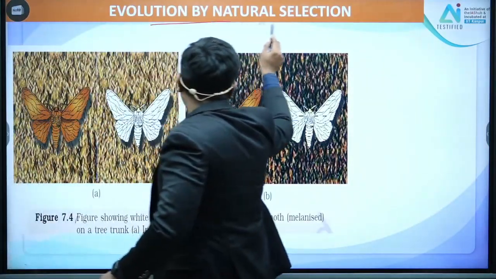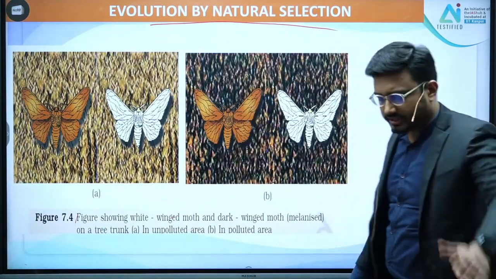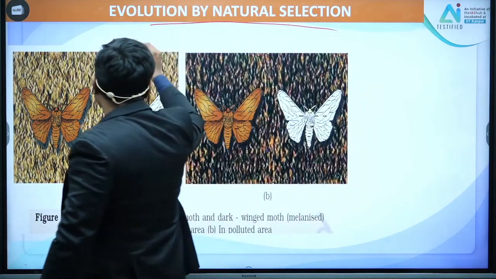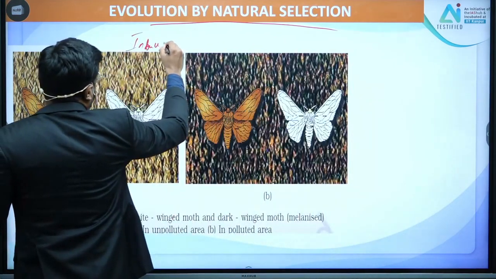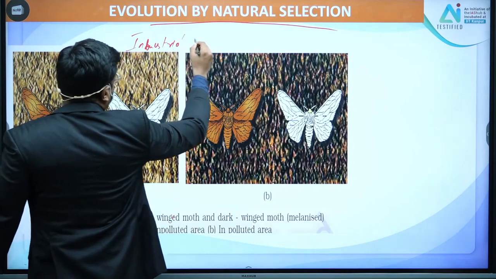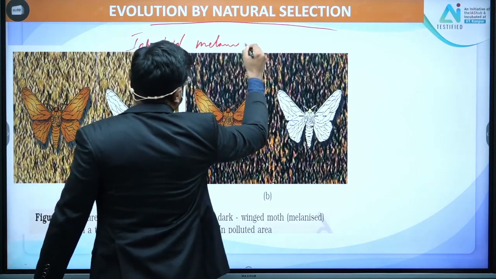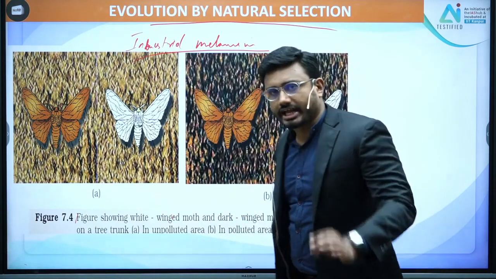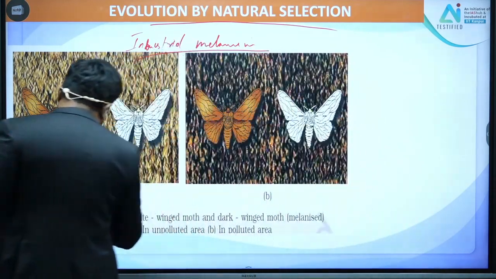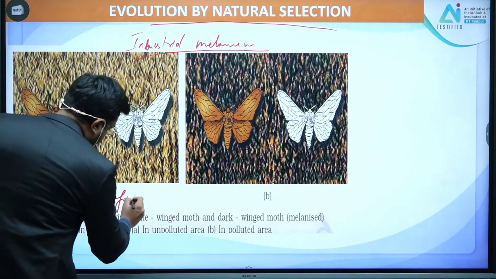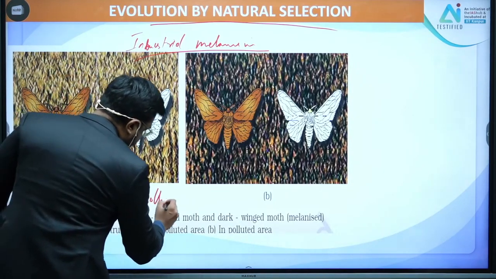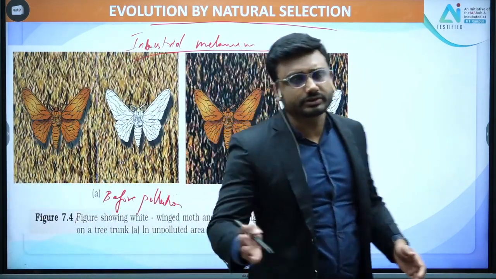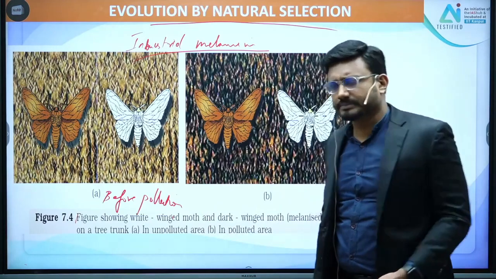So, evolution by natural selection. Let us try to understand this with the help of the example of industrial melanism. In the first scenario, before pollution, before the industries came in, there would be very little pollution, because the industries are responsible for producing the smoke that pollutes the air.